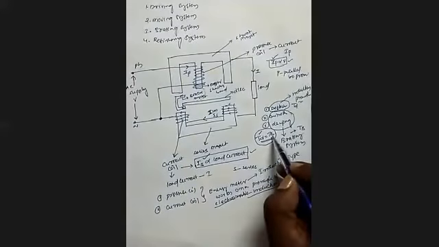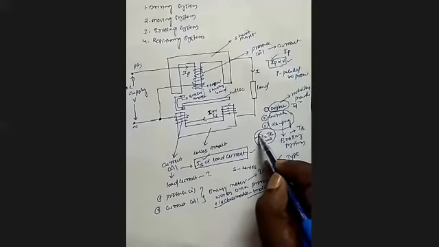Then how the braking torque is developed, you already know, is based on the development of eddy currents. Whenever a disc rotates under the magnetic field of a permanent magnet, a torque develops. That torque direction is always opposite to the direction of the disc. Then immediately the disc will be stopped.